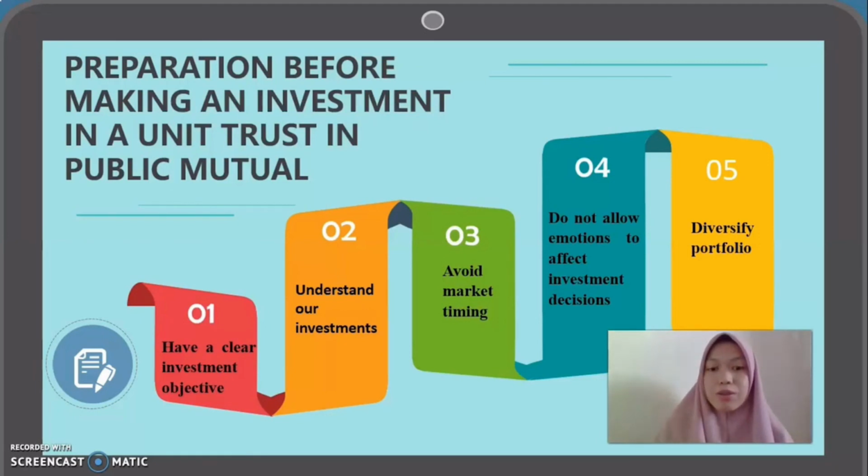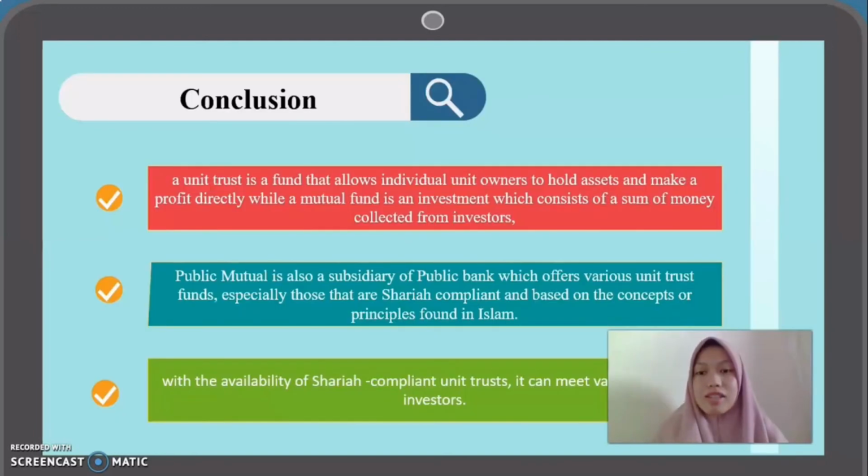As investors, we need to stick to the saying: do not put all your eggs in one basket. This is because we do not know what will happen. Maybe the market price changes from time to time. Lastly, the next slide is about the conclusion.